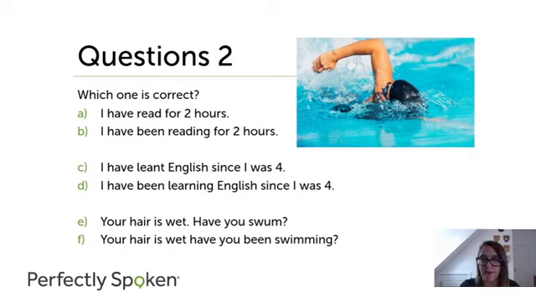C. I have learnt English since I was 4. D. I have been learning English since I was 4. E. Your hair is wet. Have you swum? F. Your hair is wet. Have you been swimming? Pause the video and see if you can tell me which one is correct, and importantly, think about why.